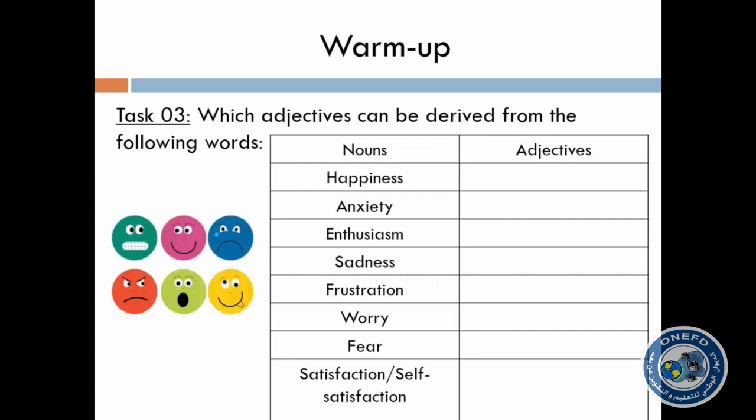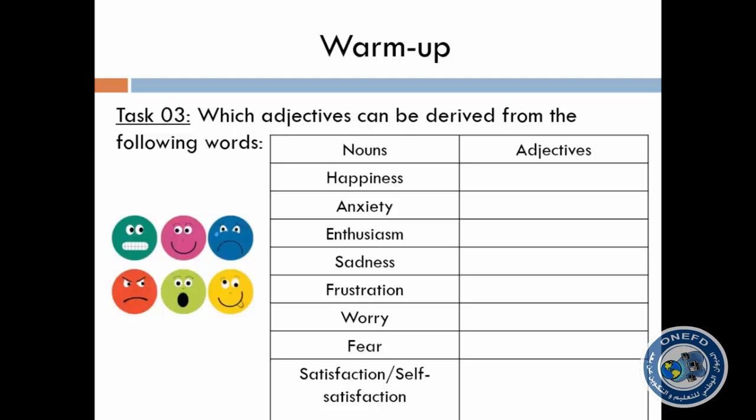Which adjectives can be derived from the following words? The words that you have are nouns, and let's see what their adjectives are. We have the nouns happiness, anxiety, enthusiasm, sadness, frustration, worry, fear, satisfaction, and self-satisfaction. Satisfaction is when you are proud of something you have done, and self-satisfaction is the same, but with an emphasis on your own work.